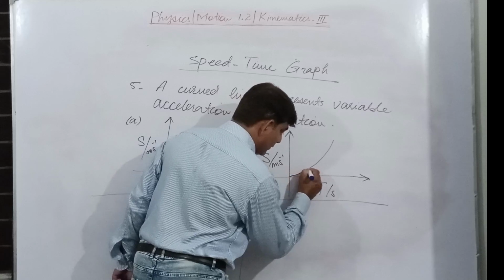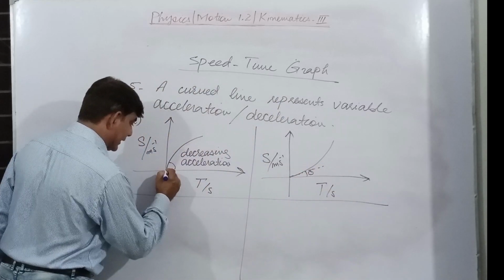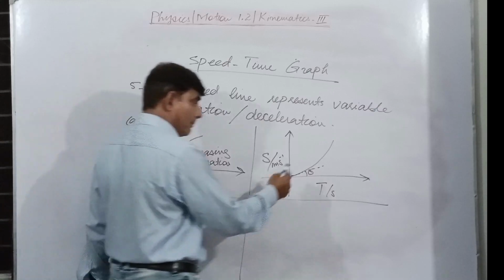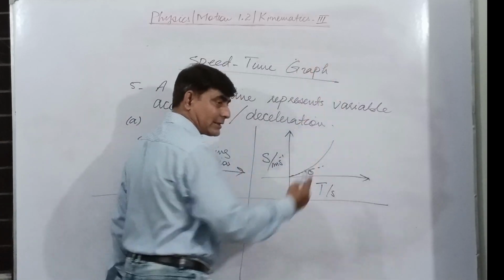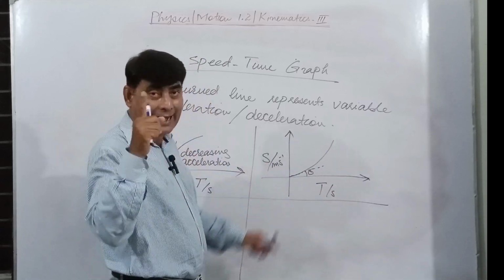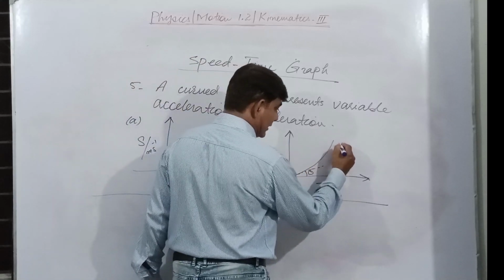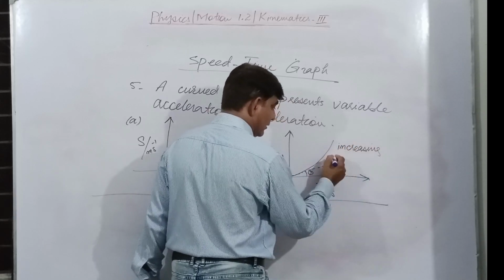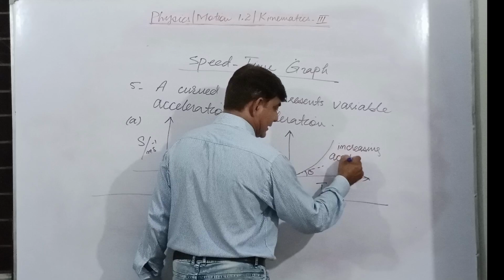Over here the angle is the same, smaller than 90 degrees. This angle is smaller than 90 degrees, this angle is smaller than 90 degrees. Now, but it is going to be parallel to the y-axis, so the word increasing must be used, but for what? Acceleration. So this is increasing acceleration.